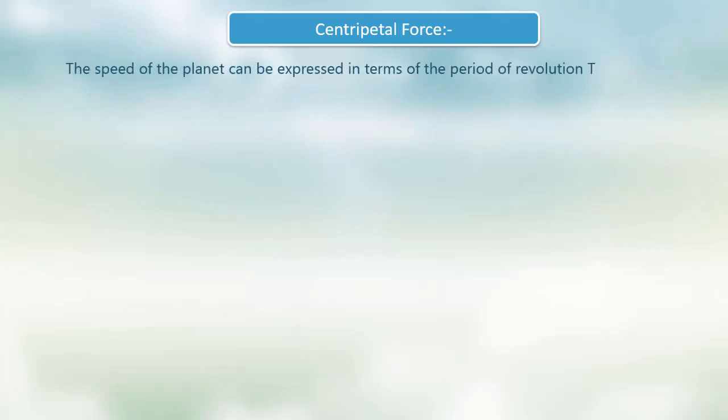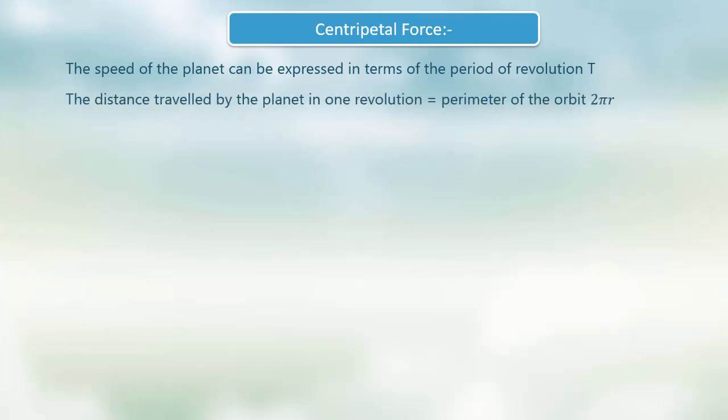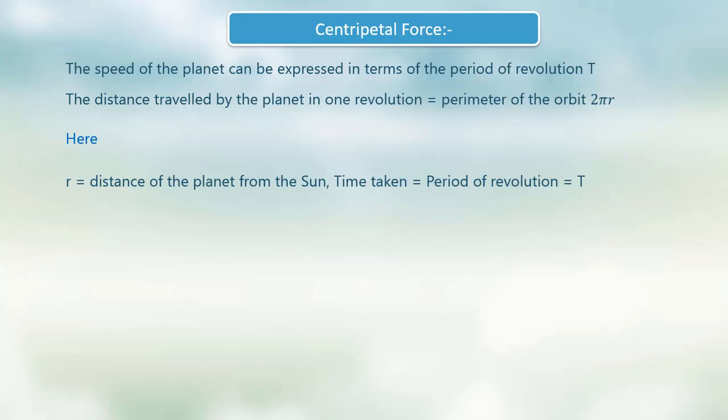The speed of the planet can be expressed in terms of the period of revolution, capital T. The distance traveled by the planet in one revolution is equal to the perimeter of the orbit, that is 2 pi r. Here, small r is the distance of the planet from the sun. Time taken is equal to the period of revolution, capital T.